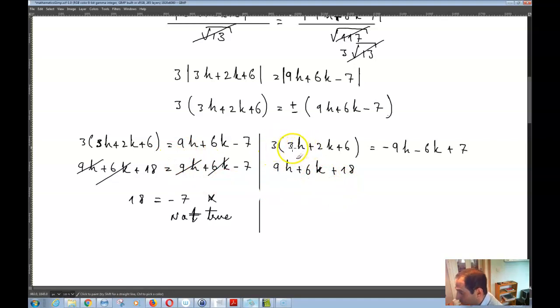Now 3 times 3 is equal to 9h plus 6k plus 18 is equal to negative 9h negative 6k plus 7.